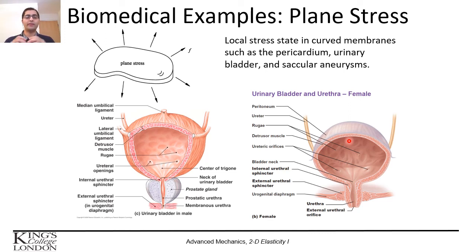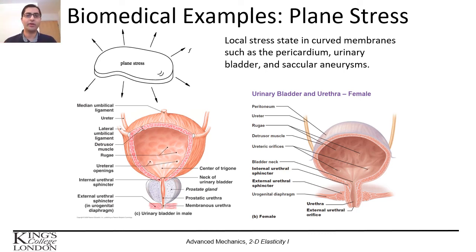So they have basically polar symmetry. So if we cut a thin plate from these biological tissues or biological organs, and then we just rotate that thin plate around an axis, it regenerates the whole geometry.